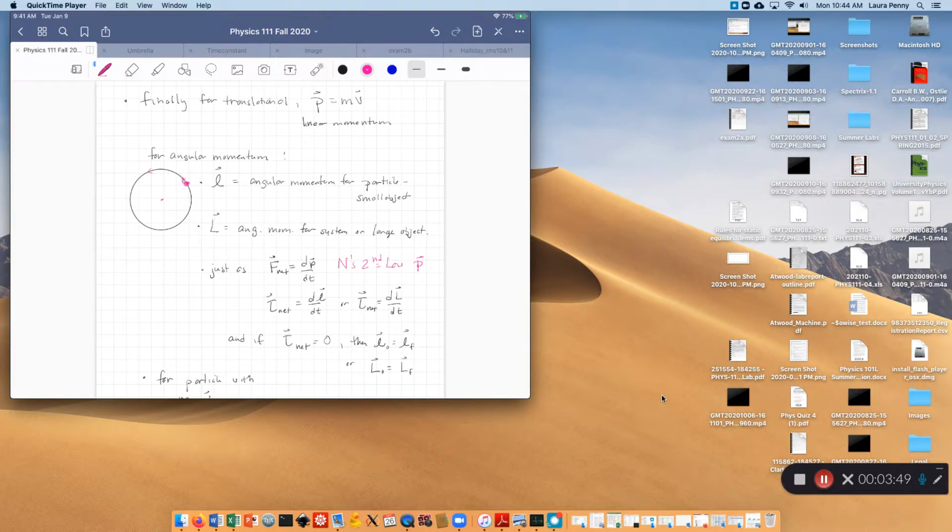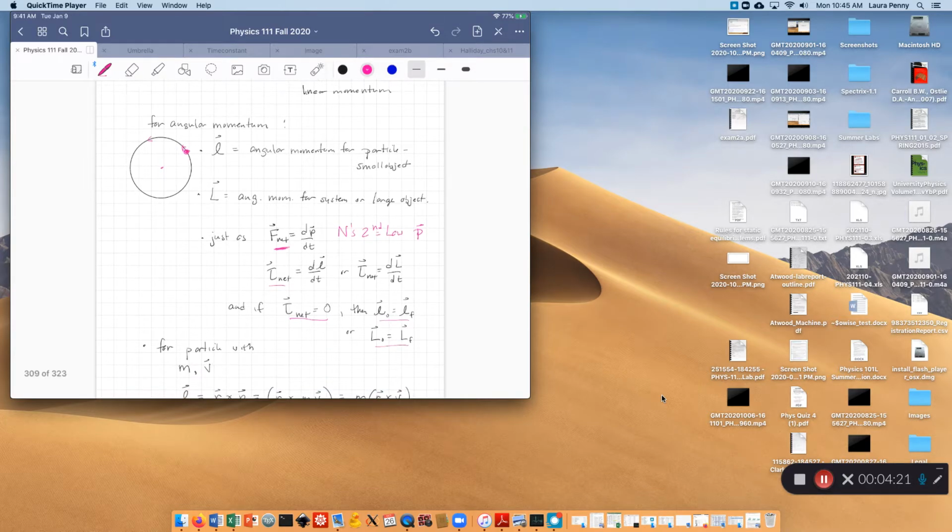Here, the net torque, because that's what stands in for net force, is the time derivative of angular momentum, whether it's little l or capital L, depending upon the situation you've got. And just as when net force was 0, the initial and final momentums were equal, here, if the net torque is 0, then our angular momentum is conserved.